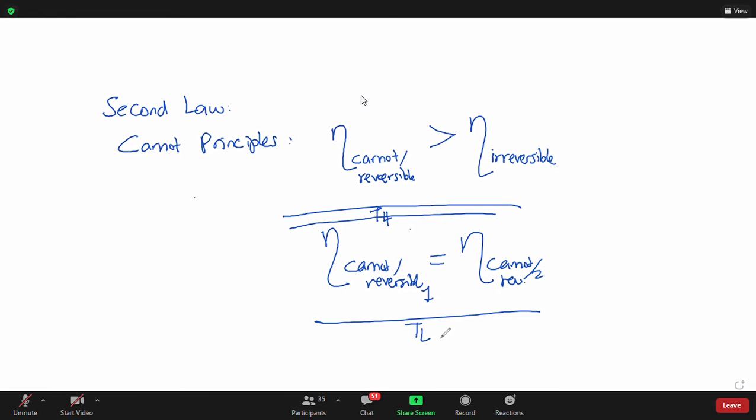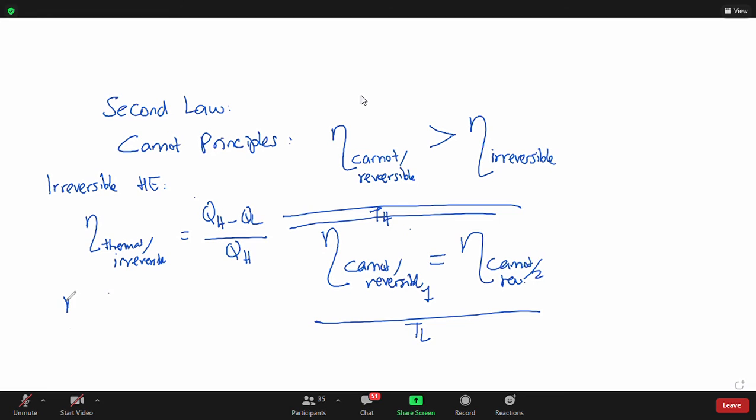So when you write the equation, if it's an irreversible heat engine or cycle, then the thermal efficiency of the irreversible equals QH minus QL over QH, or work out over QH.